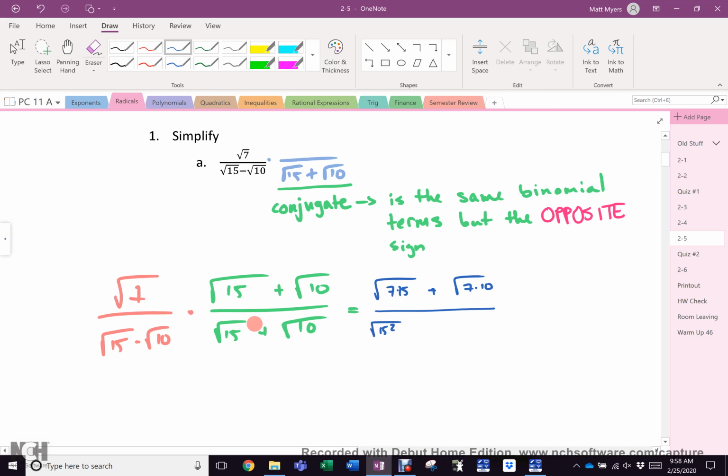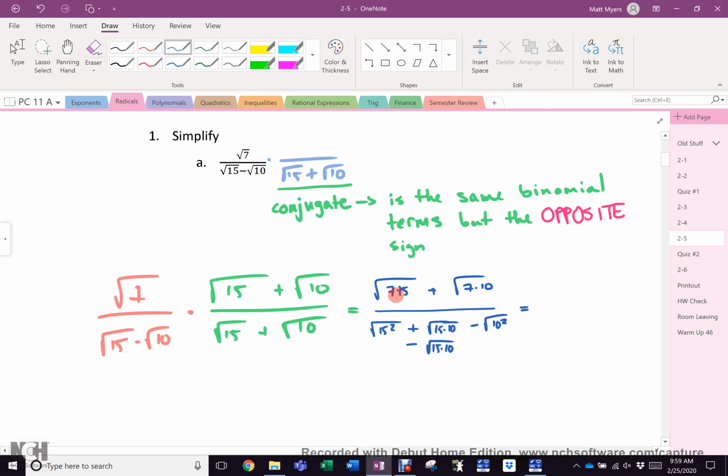Right? Plus the root of 150. Oh, sorry, I said I was going to write it all out. 15 times 10. Then minus the root of 15 times 10. And then minus the root of 10 squared.